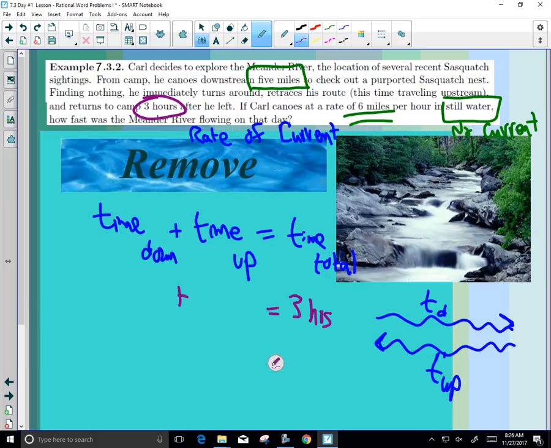Now, when we looked at rate, going back here, rate was equal to the amount over the time. When we're looking at speed, we're looking at distance over time, right? Do you agree with that? So would time be equal to distance over what?